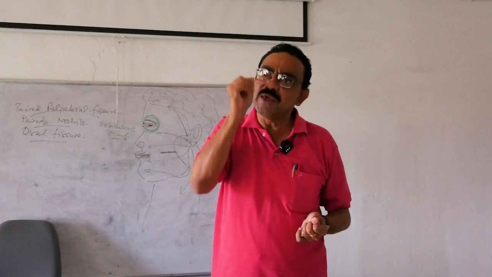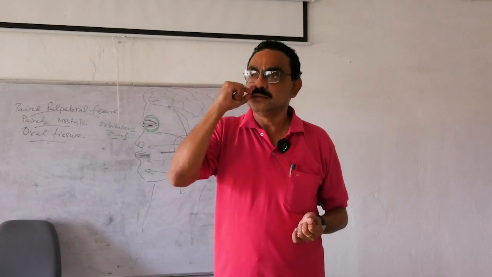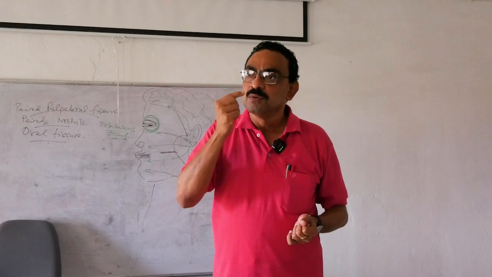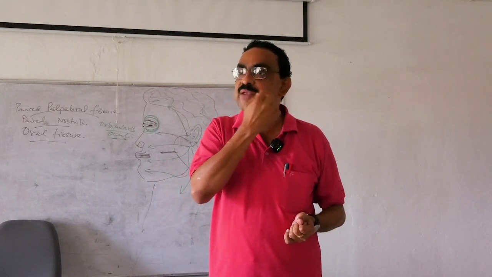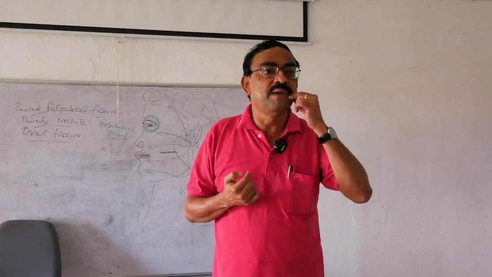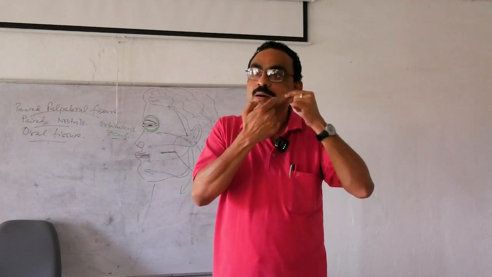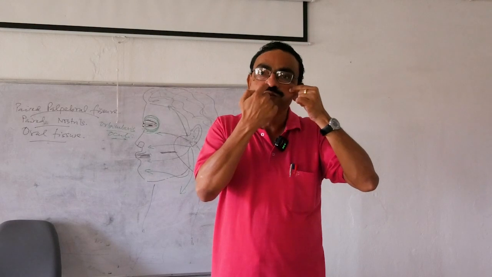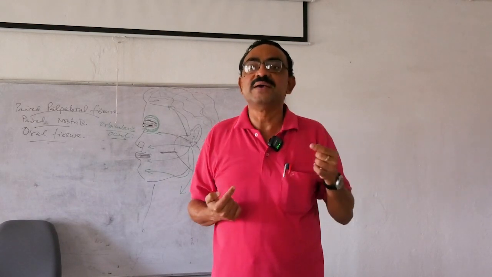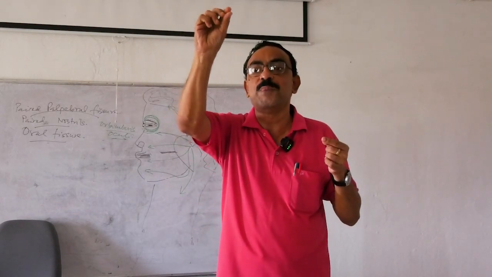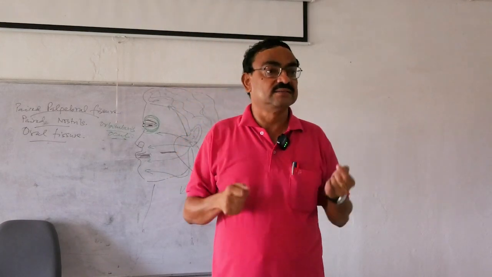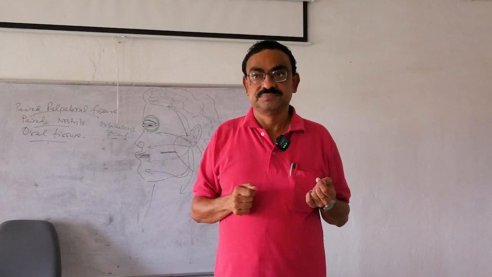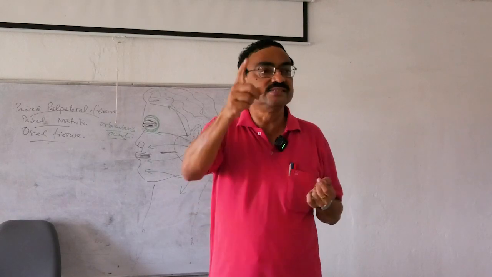There is a small papilla inside. The gum and the cheek in between is called the vestibule of the mouth. So over the upper vestibule there is one opening point of the parotid duct, or Stensen's duct.